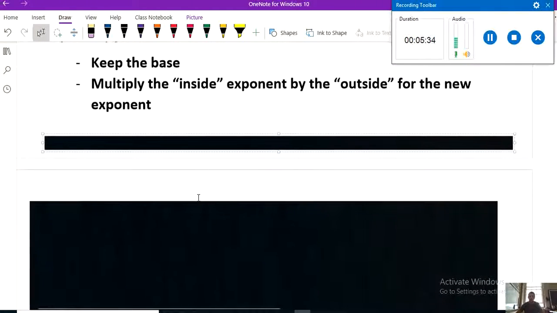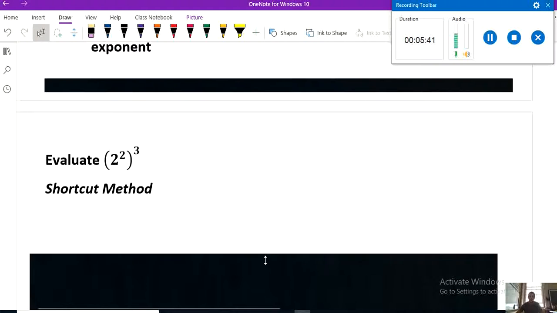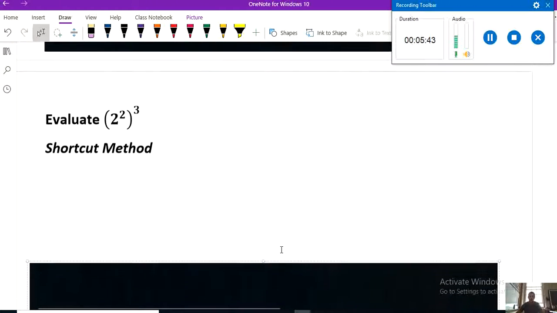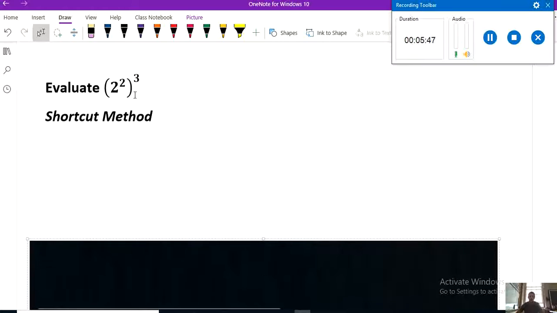If we look at that question again, we could have been much quicker with it using the shortcut method. And we need to know how to do this if we have a variable as the base. So we had 2 to the second raised to the third.